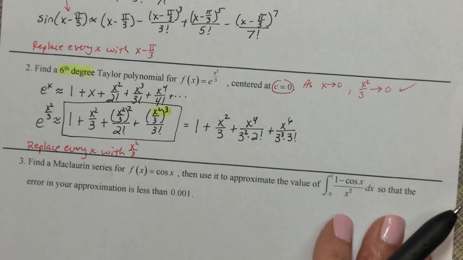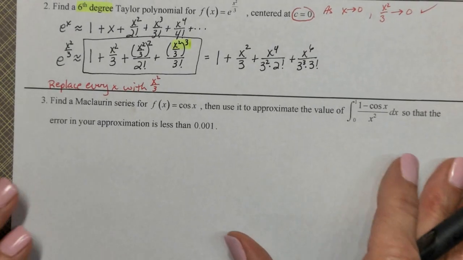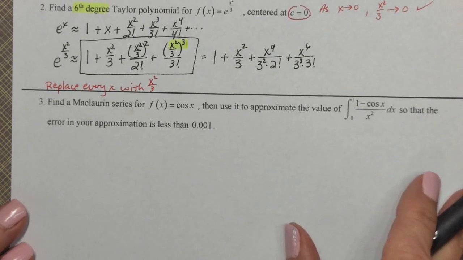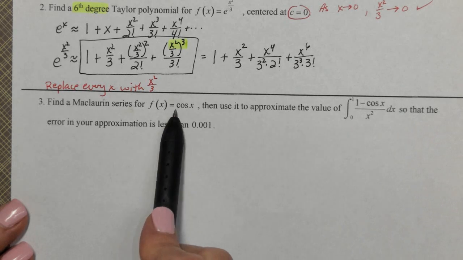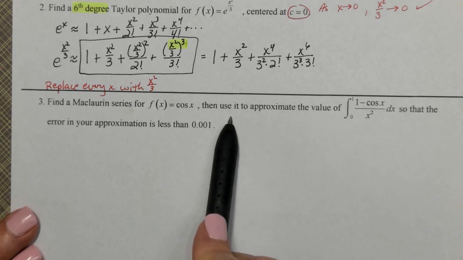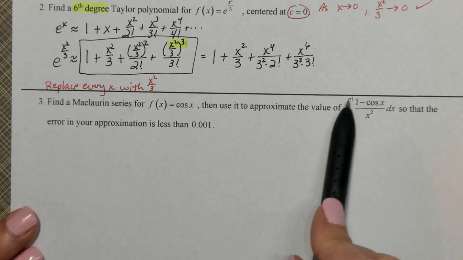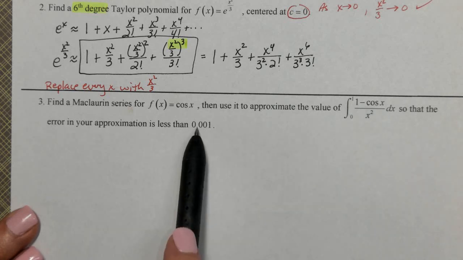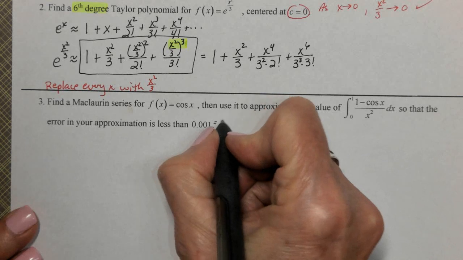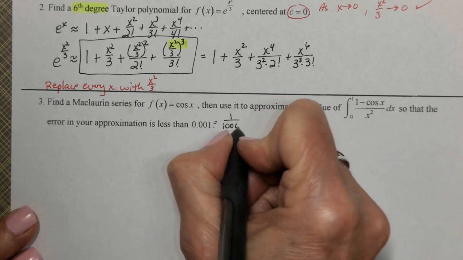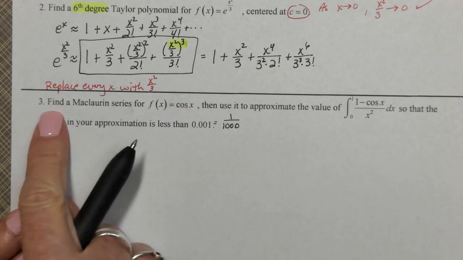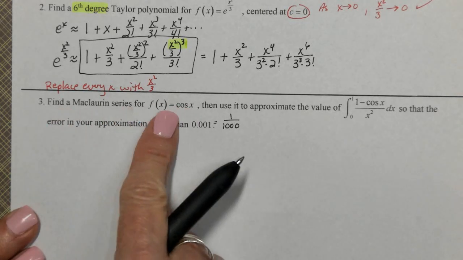Okay? Number 3. Find a Maclaurin series for f of x is cosine x. Then use it to approximate the value of this integral so that the error in your approximation is less than 1 over 1,000. Okay, well, first things first, they tell me to write the Maclaurin series for cosine x.